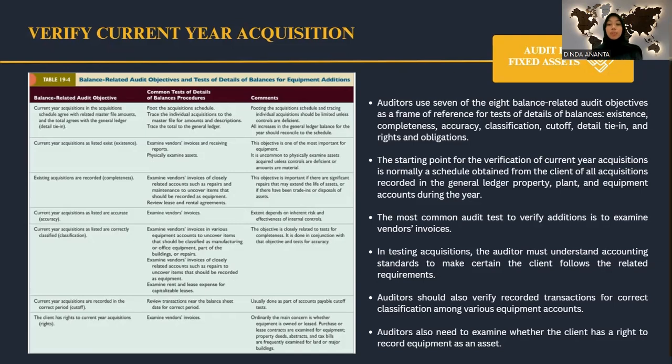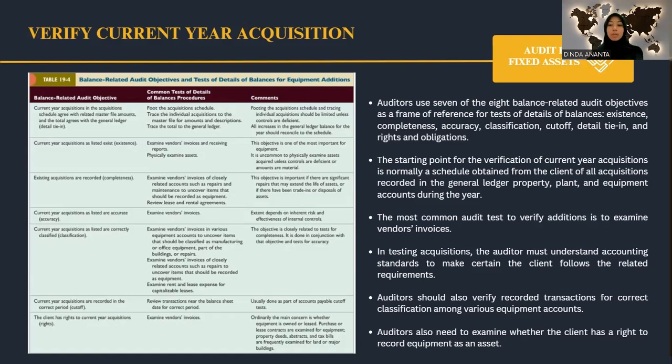The starting point for the verification of current year acquisition is normally a schedule obtained from the client of all acquisitions recorded in the general ledger of property, plant, and equipment accounts during the year. The most common audit test to verify the addition of property, plant, and equipment is to examine vendors' invoices.